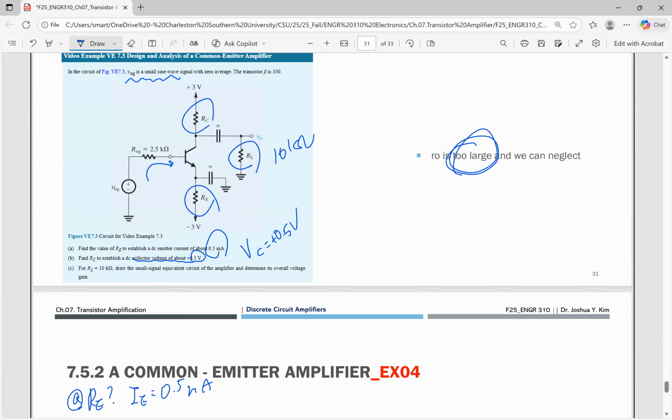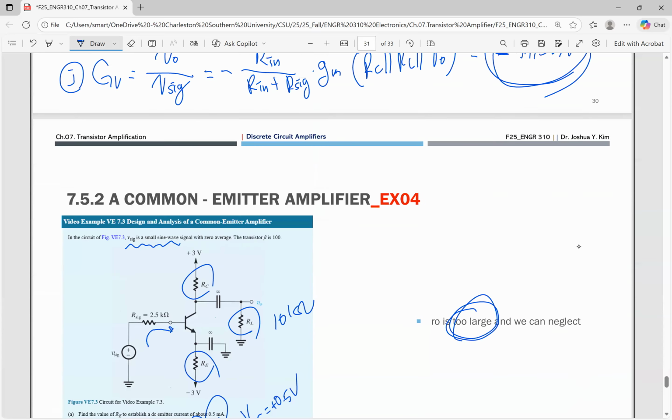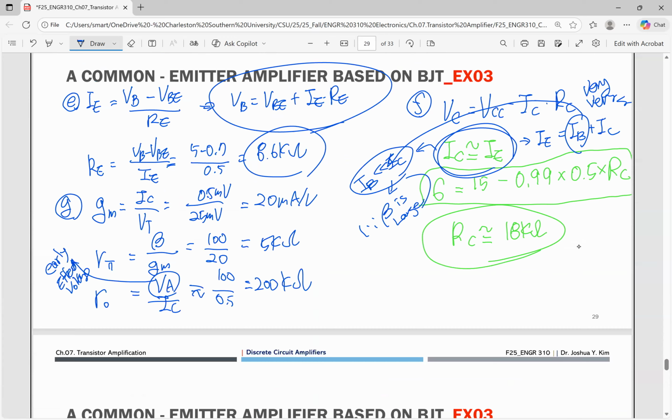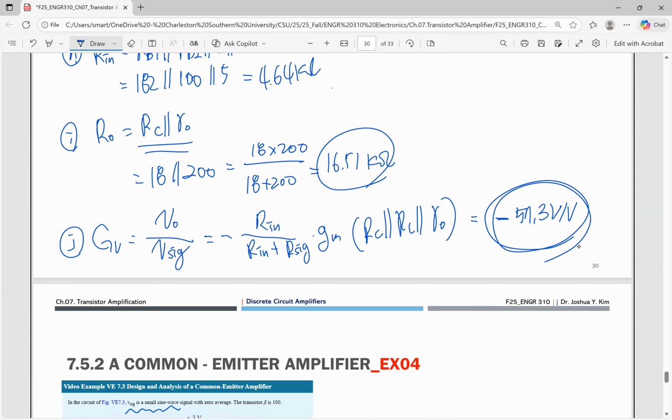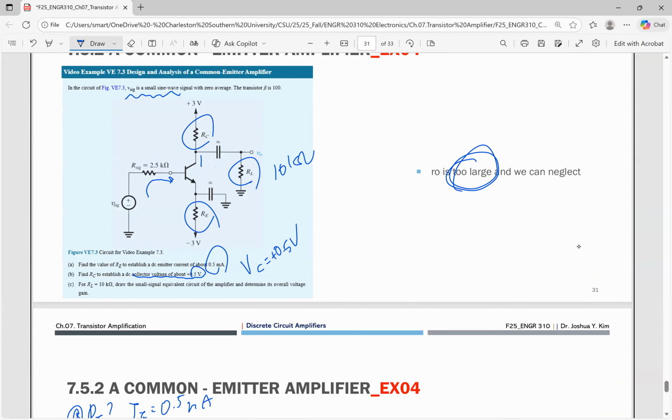As I said before, do you remember in the previous one, the I sub E, this is C, B, and E. So I sub C plus I sub B is I sub E, right?